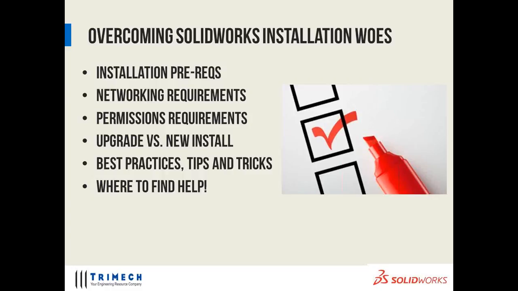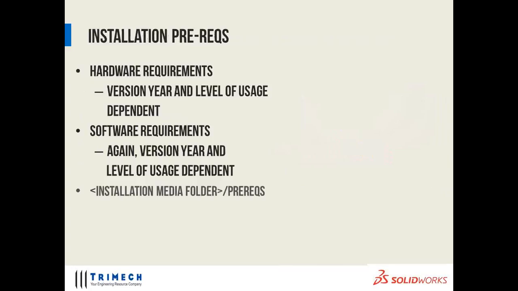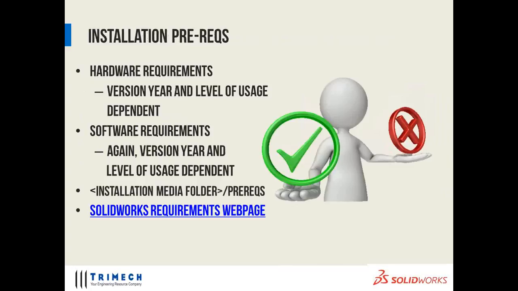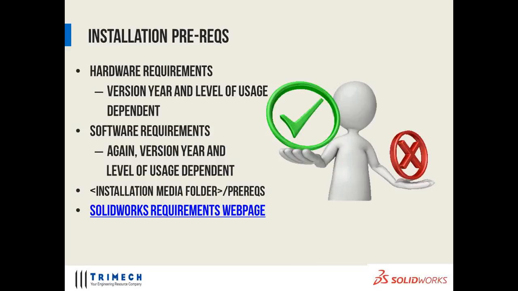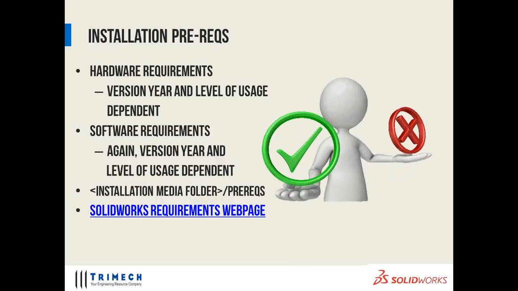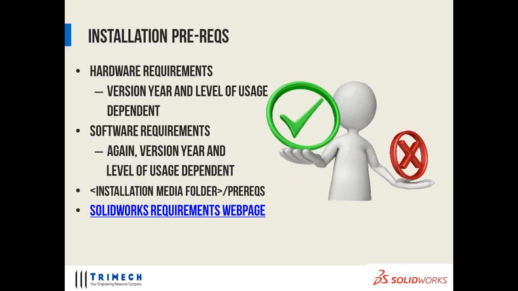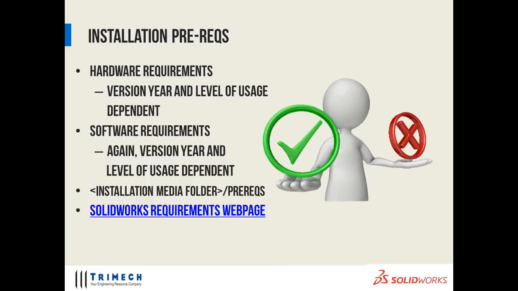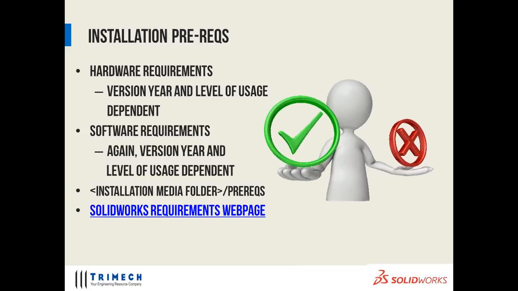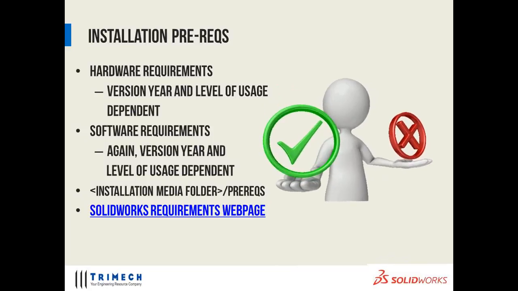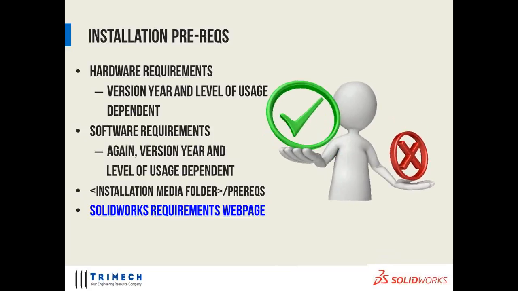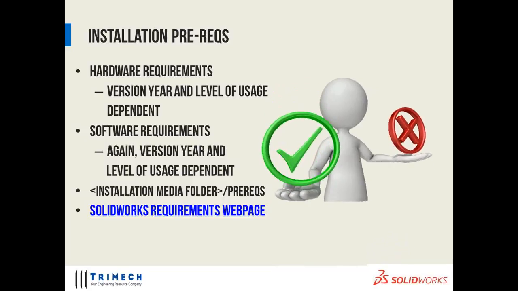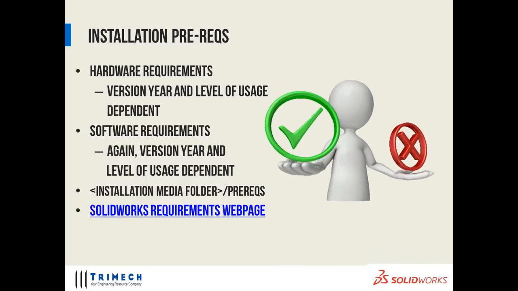So for the installation prereqs, the hardware requirements and software requirements do kind of depend on the version year and the level of usage. What I mean by that is if you're going to be using SolidWorks to create kind of simplified parts and assemblies, you're going to need certain hardware that's going to be at a lower level than someone who's going to be utilizing the simulation packages trying to run some FEA analysis.